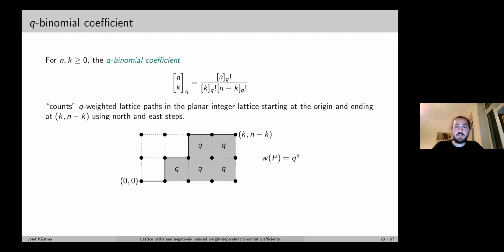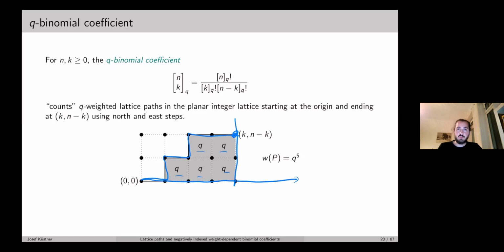But now we take some weight to the path. So we are looking at all the boxes that are between the path and the x-axis, which is here. Okay. Here we see between the path and the x-axis, there are 1, 2, 3, 4, 5 boxes. Every box gets weight q, and we multiply over all the weights.